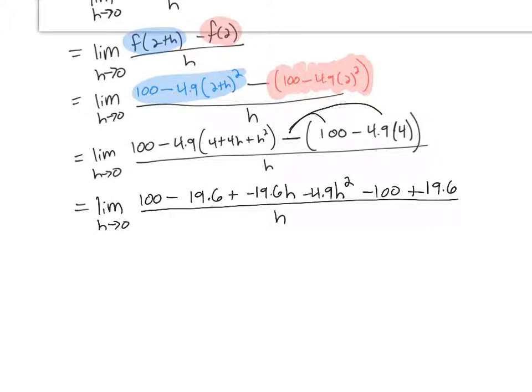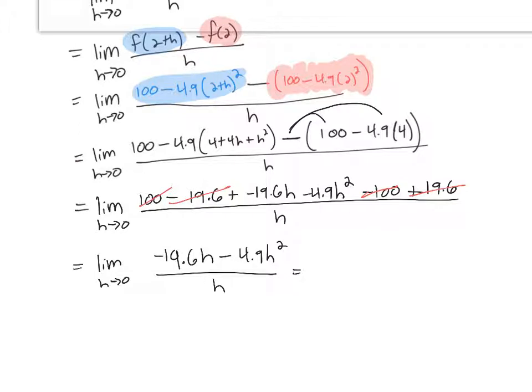It looks really big and long, but we start to notice that I've got 100 and then negative 100. I've got negative 19.6 and positive 19.6. So all I'm really left with here, as h approaches 0, is negative 19.6h minus 4.9h squared, all of that over h.